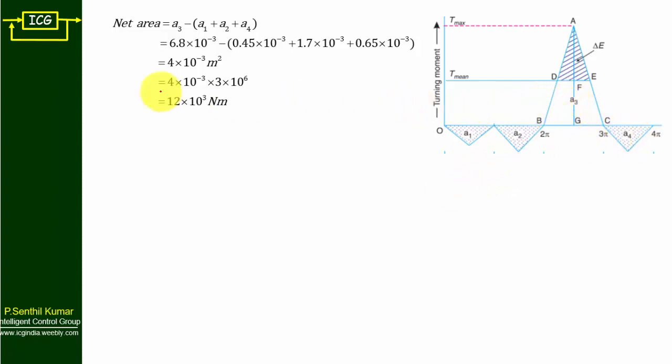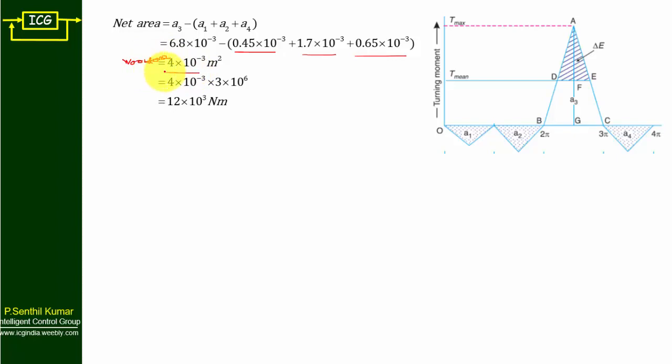So total work done equals A3 positive minus the remaining terms. A3 is 6.8 into 10 power minus 3, A1 is 0.45 into 10 power minus 3. Similarly we have A2 and A4. When you reduce this, you will get 4 into 10 power minus 3 meter square. This is the total work done.